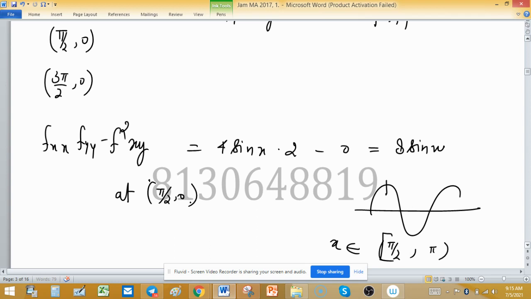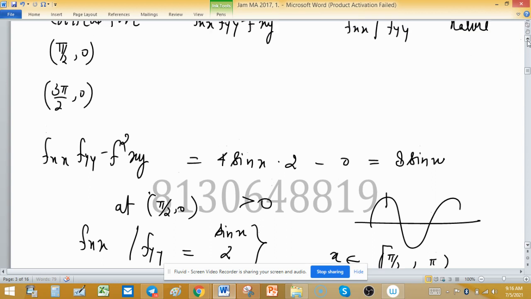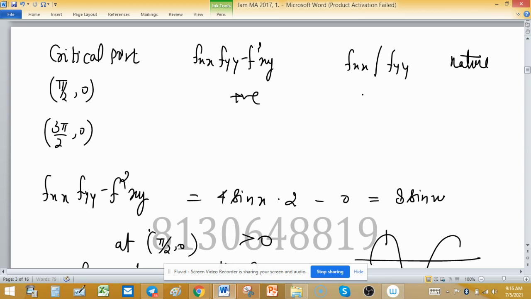So at pi by 2 comma 0, this is positive. And fyy is 2, also positive, and sine x is also positive. So this is a point of minima, a local minimum.